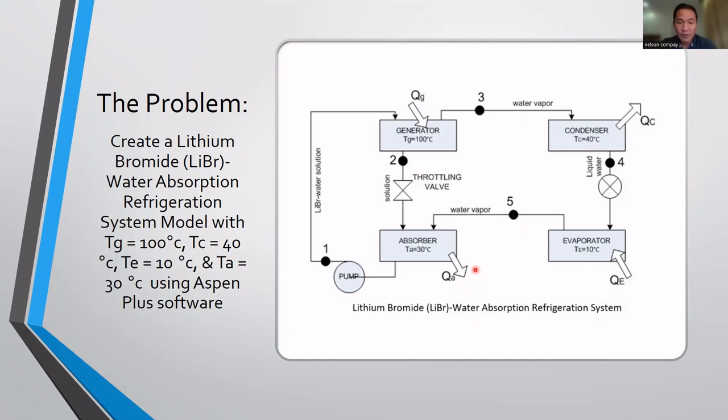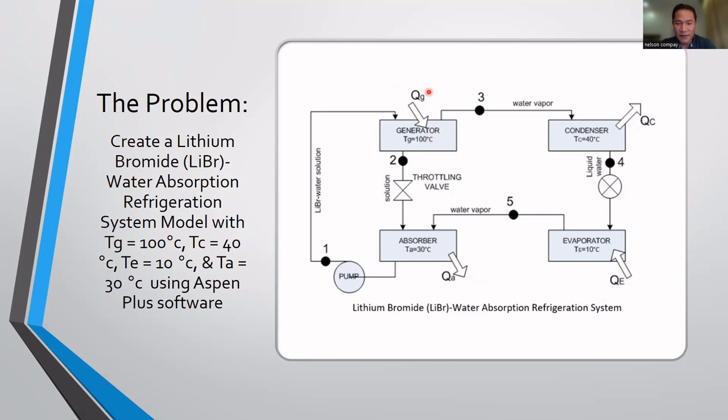A substitute to the compressor is the absorber and generator, this one, that produces a solution of refrigerant, and the refrigerant is superheated by the external heat.